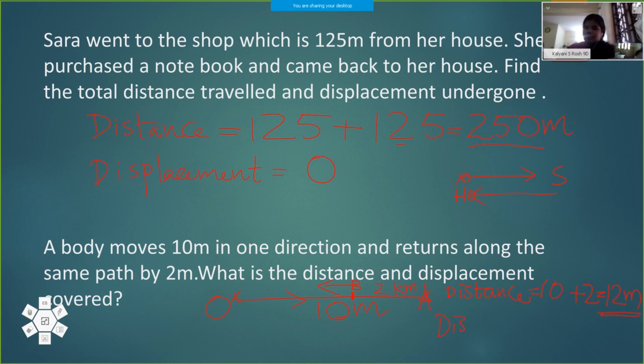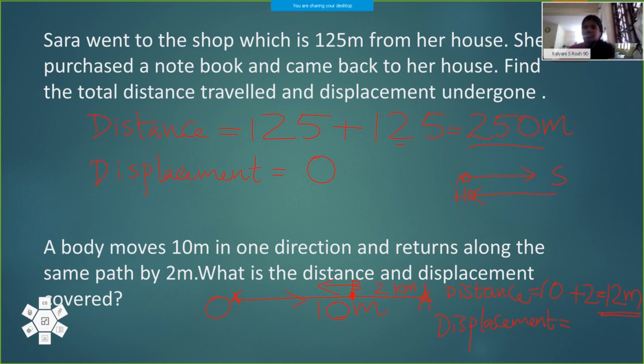Then what about the displacement? Displacement is the shortest distance between initial and final positions. So now the initial position is O and the final position is B. So what is the difference? Yes, only 8 meter. Here 10, then 2 meter backwards along the same path.